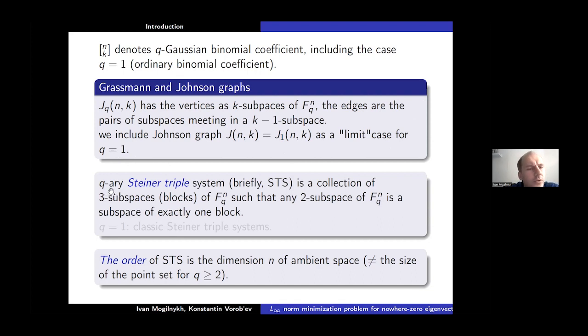A q-ary Steiner triple system is a collection of 2-dimensional subspaces, which are called blocks, of F_q^n, such that any two points are in exactly one block. It is a generalization of the classic definition of Steiner triple systems, when we have sets instead of spaces.